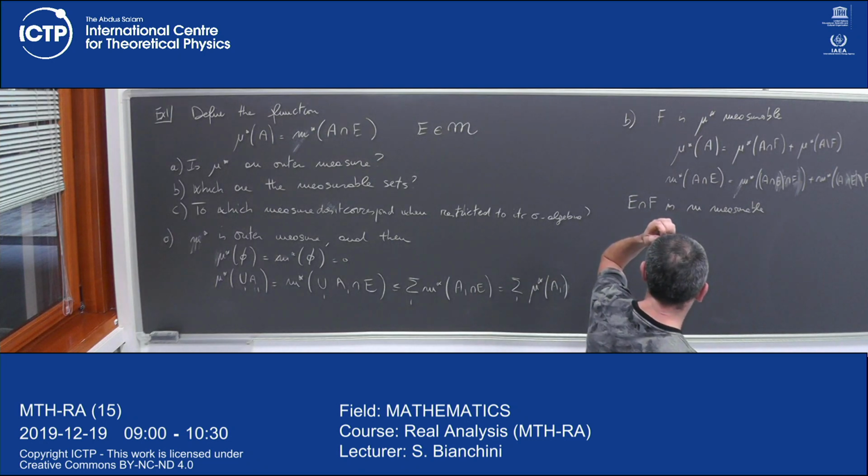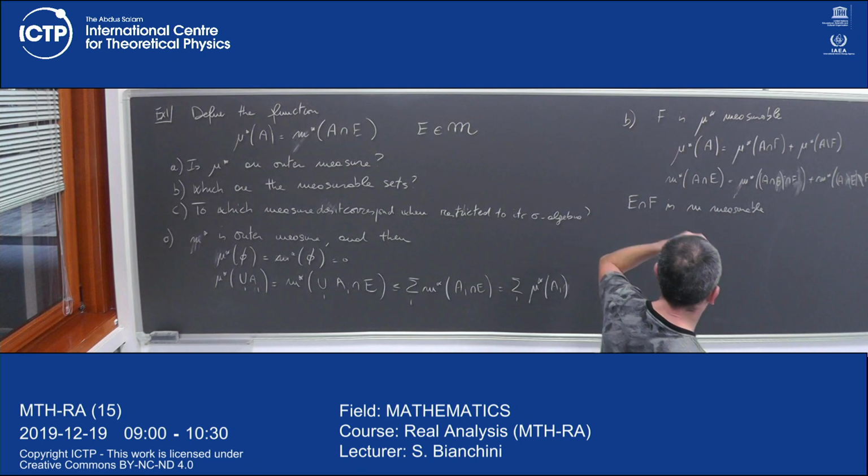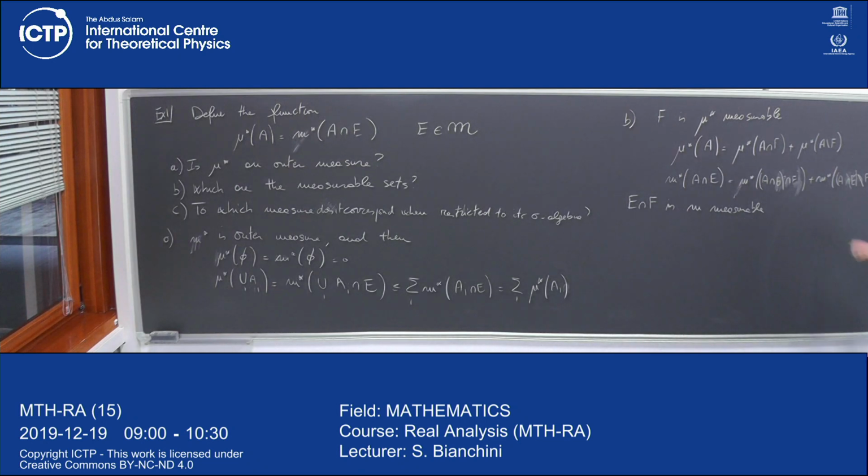So this is equal to M star of A intersection E intersection F intersection E plus M star of A intersection E minus F intersection E. What is outside E doesn't matter.